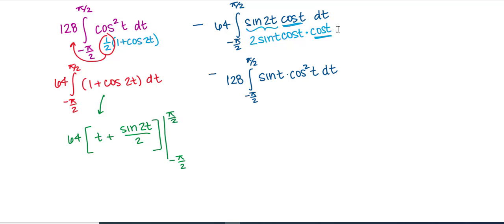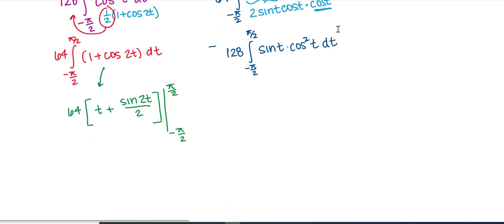Okay, if I wanted to finish this first piece of the problem, I'm going to substitute in the pi over 2. So I have pi over 2 plus sine of 2 times pi over 2, which would be sine of pi, which is 0. And I'll substitute in my lower limit of negative pi over 2.